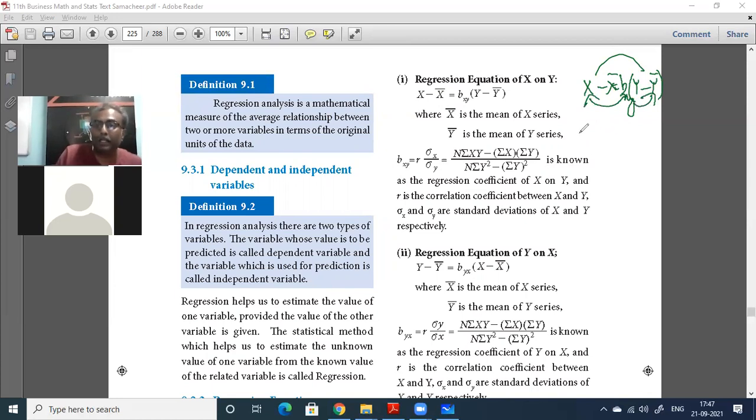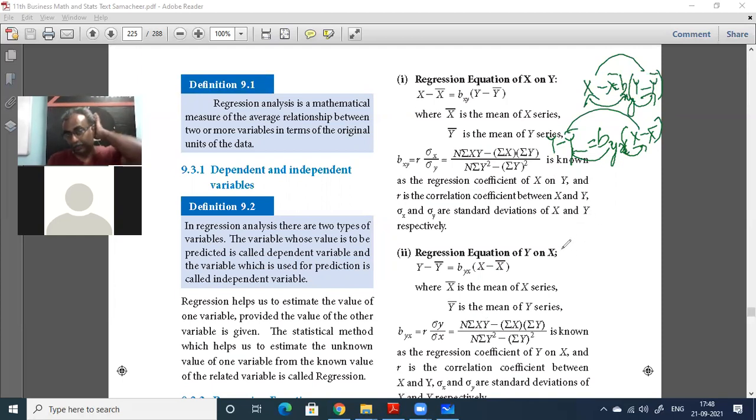Now the other equation is b of yx. Here y minus y bar comes on this side, equal to b of yx times x minus x bar on the other side. This is y dependent on x, y on x. So two different line equations are coming there.